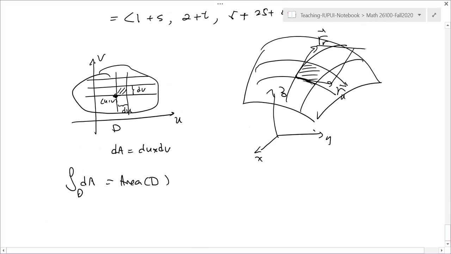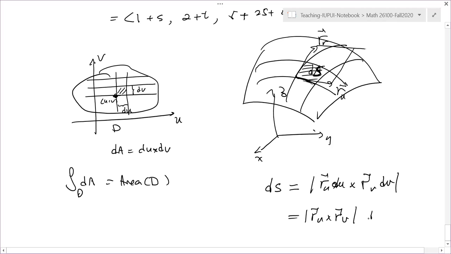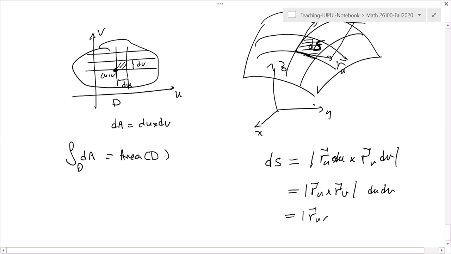So the area that we estimate is called dS, okay, dS. This surface area can be estimated as du ru times dv rv, okay? So roughly speaking, it's just dA.